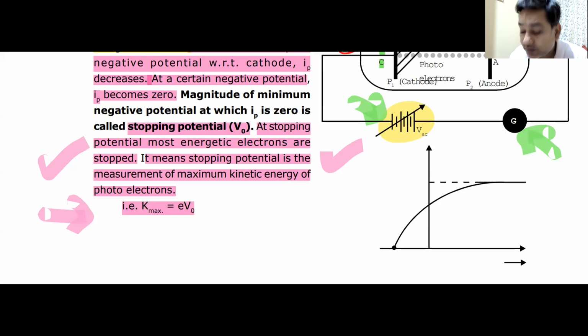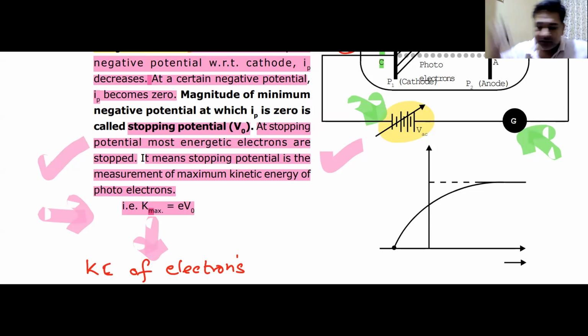What does K stand for? Kinetic energy. Of what? Of photoelectron. Yes, good, now you are getting it. So let us call it electron. These are photoelectrons. When these electrons are liberated, released, they have some energy, kinetic energy.